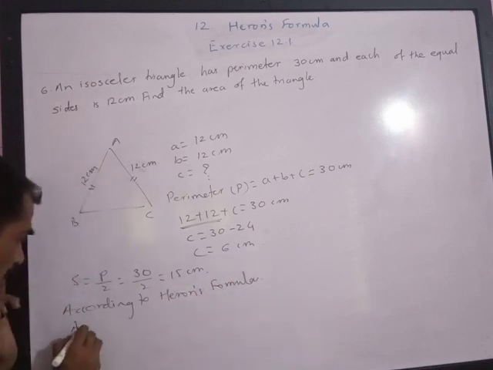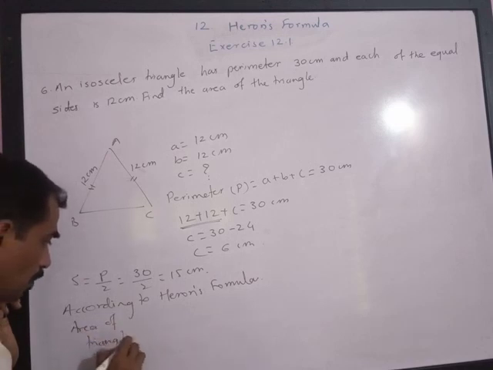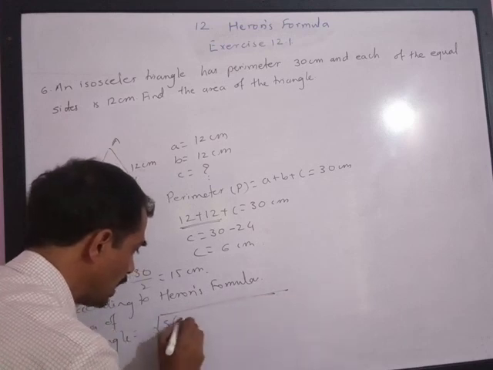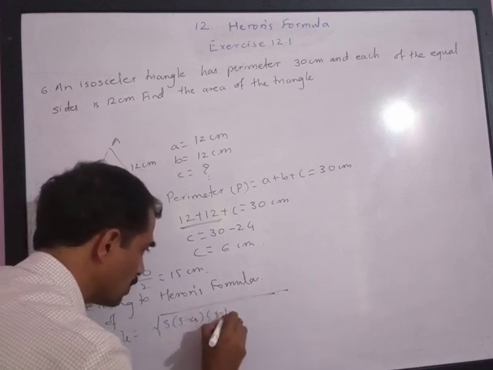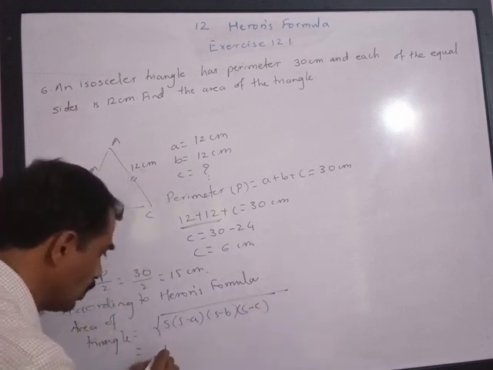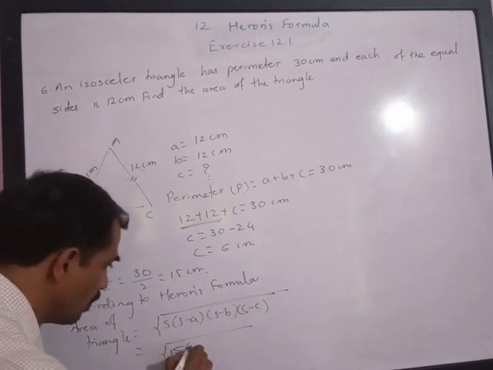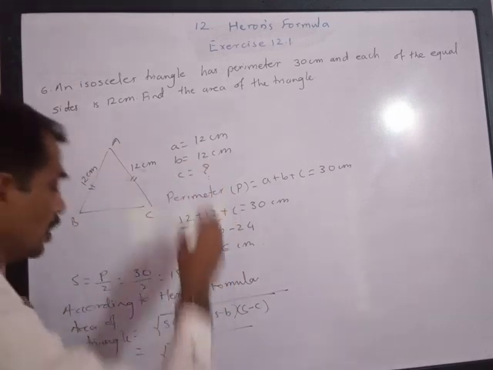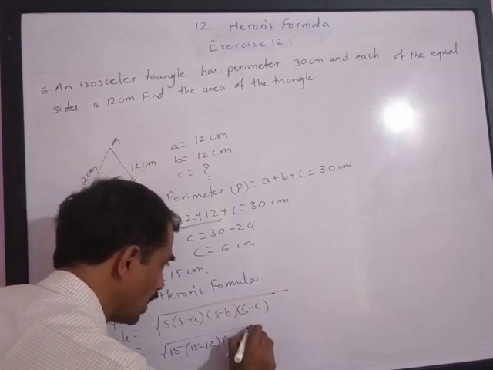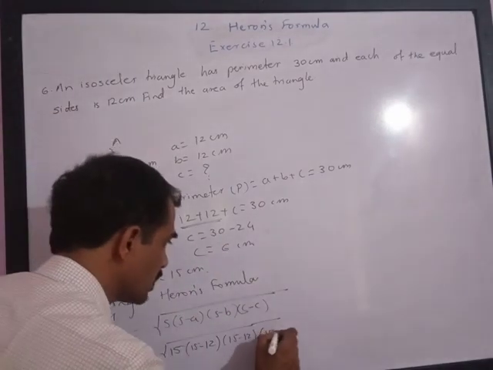So according to Heron's formula, the area of the triangle is equal to under root s in bracket s minus a in bracket s minus b in bracket s minus c. So this is equal to under root 15 in bracket 15 minus 12, in the second bracket again 15 minus 12, in the third bracket we have 15 minus 6.